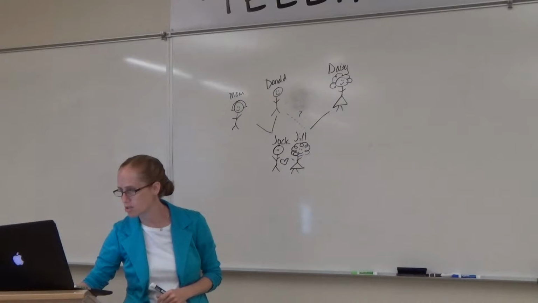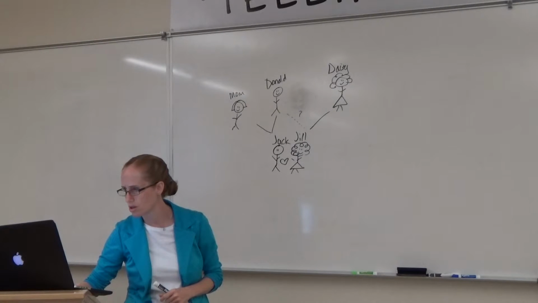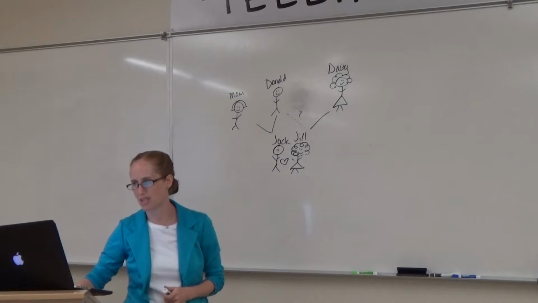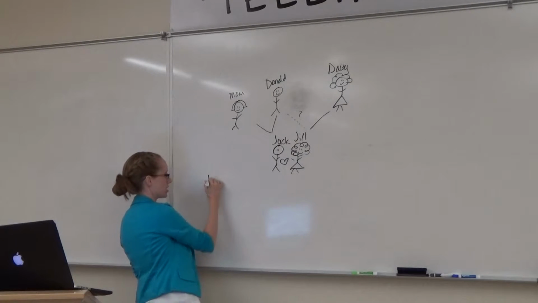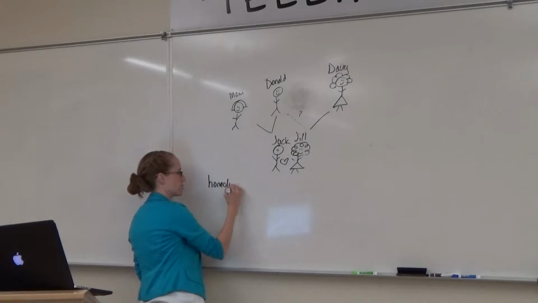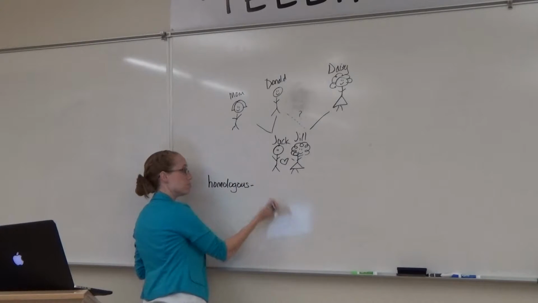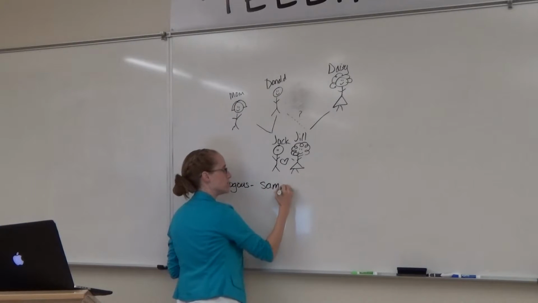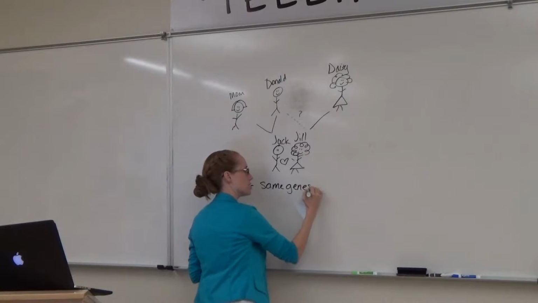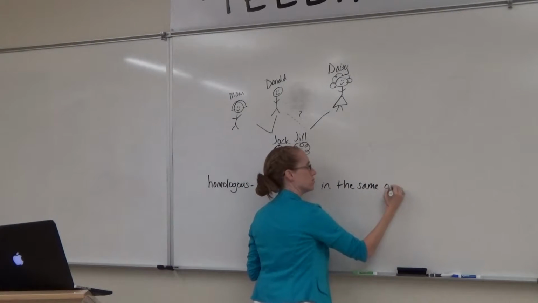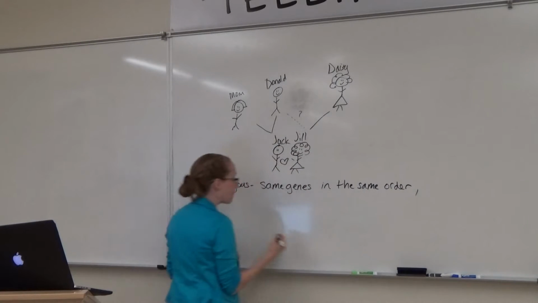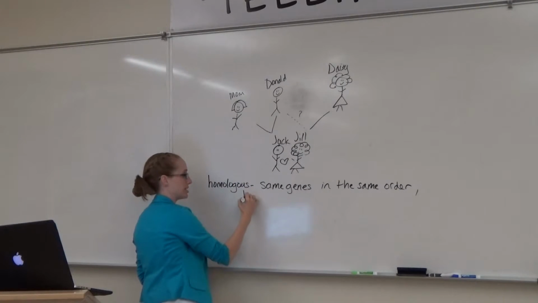And I think actually this is where you can introduce, it's introduced in number 6, but feel free to introduce it. When you get back together as a group, you're going to define homologous. So homologous means same genes in the same order, but not necessarily the same alleles.